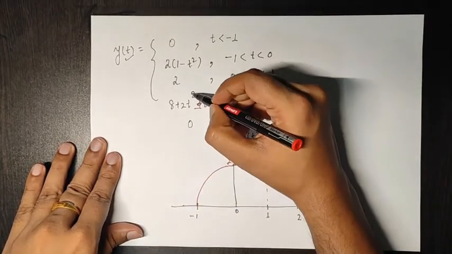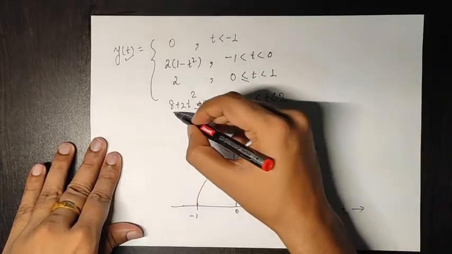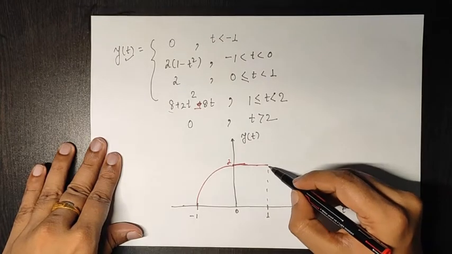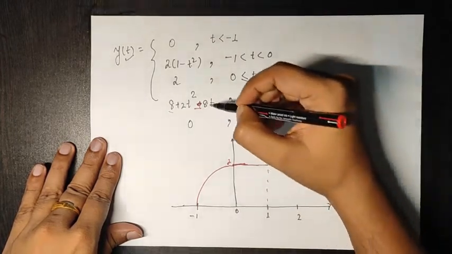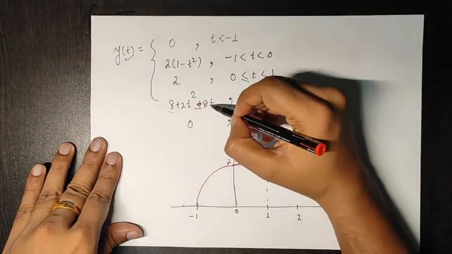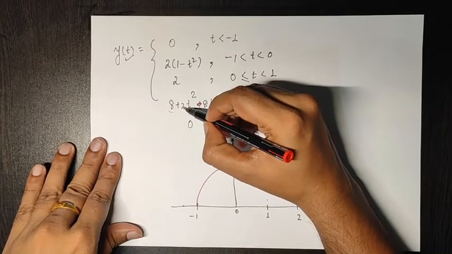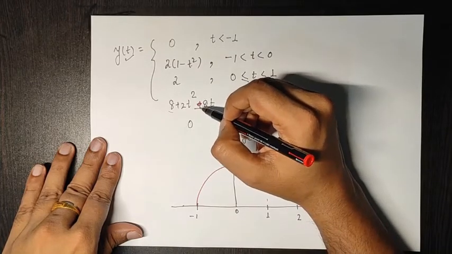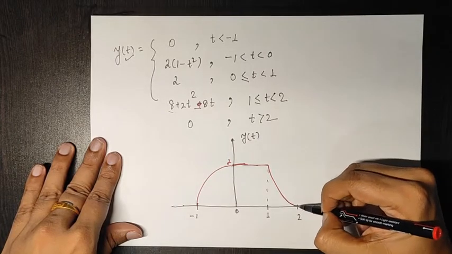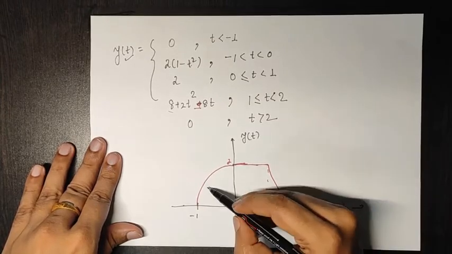And now the coefficient of t square is positive, then this is also a quadratic equation. This concavity will be upward, and at t equal to 2, its value is 0. Putting t equal to 2 here, 2 twos are 4, 4 twos are 8, its value will be 0. So I'll have a plot with concavity. This is also parabolic in nature.